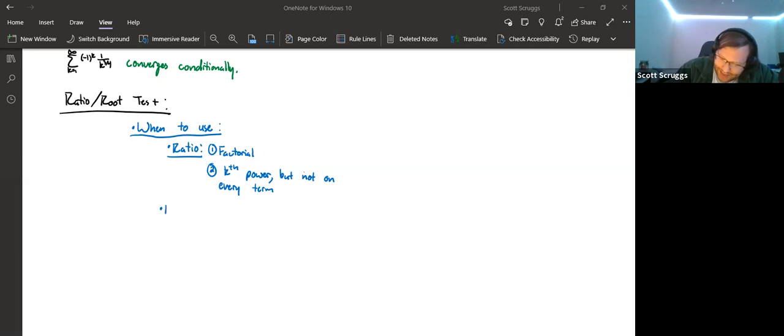Which is why for root tests, I will only use the root test if every single thing in my series is being raised by a K power.